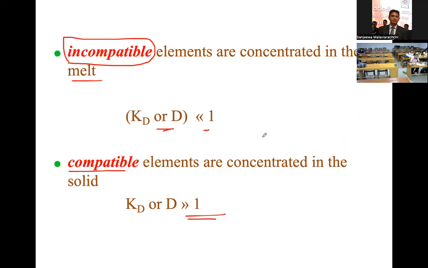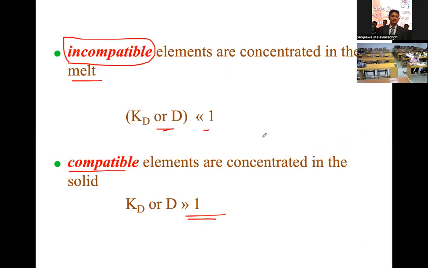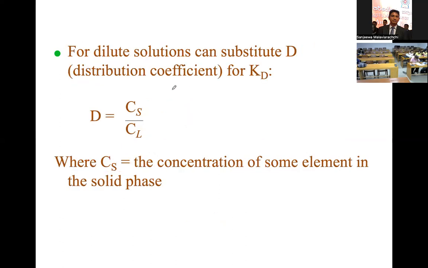This is also important. So far we normally consider systems with an equilibrium constant, or I just mentioned here a distribution coefficient. Why do we use distribution coefficient and equilibrium coefficient both? Normally the distribution coefficient is used for dilute solutions, dilute systems, for example solutions with minor amounts of material dissolved.